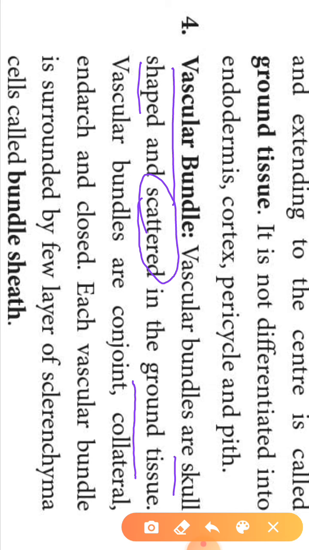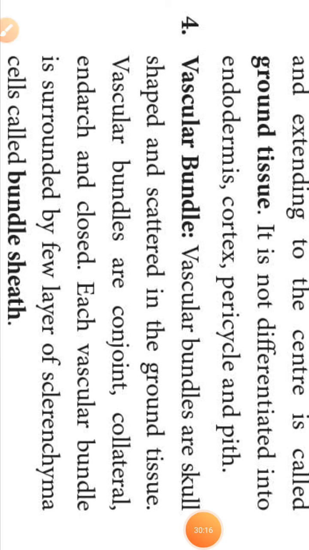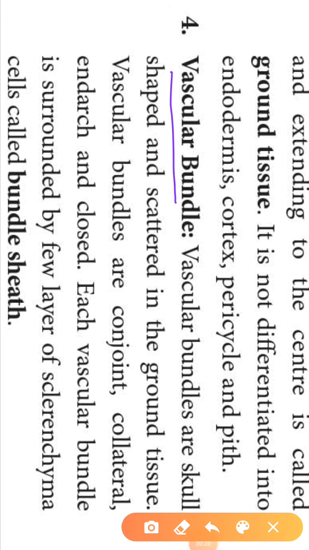Scattered in the ground tissue; spread over means scattered. Listen, my dears. Vascular bundles are skull shaped, which means a bone structure of a human head, and scattered, which means spread over the ground tissue.